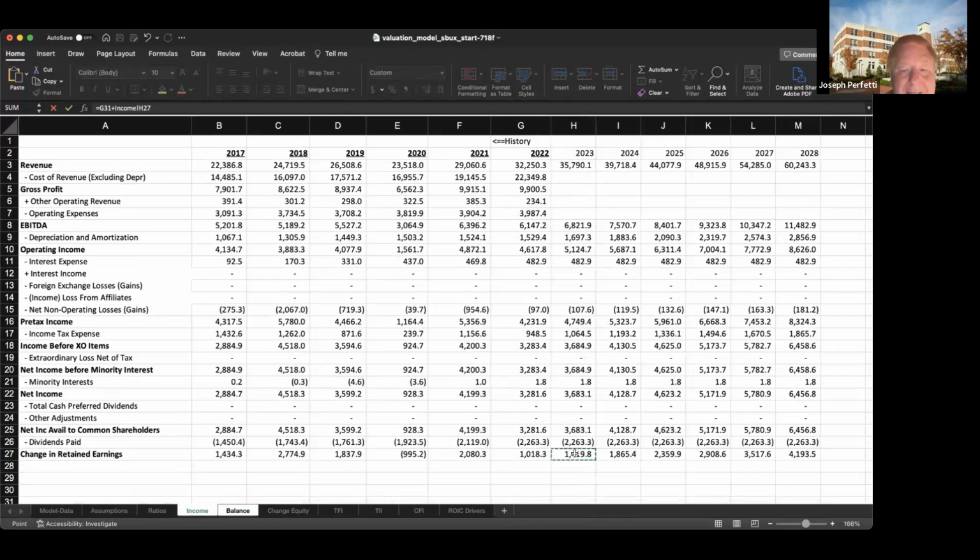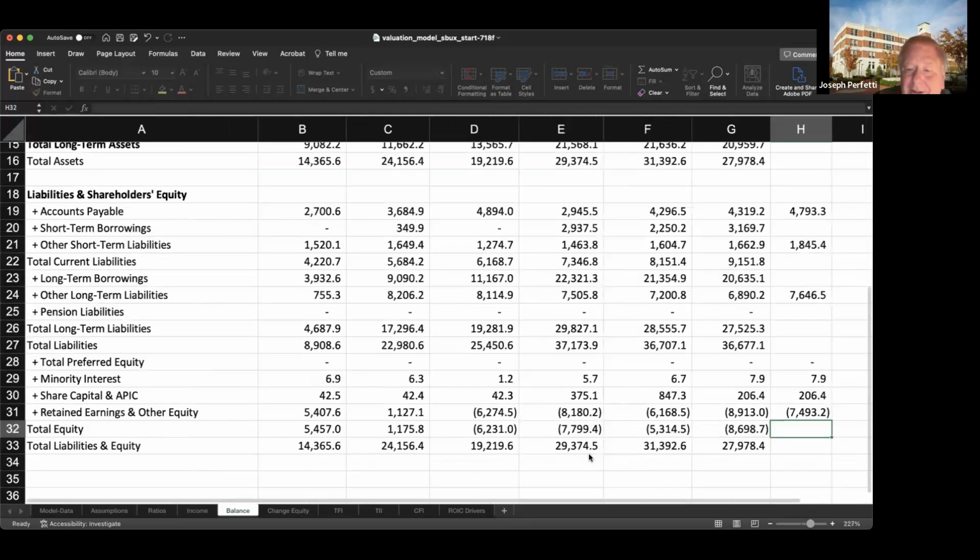The reason we did net income minus dividends is that's how much retained earnings should change. In this case, it should go up by 1419.8. So on our balance sheet, we take last year's balance and add the change in retained earnings.